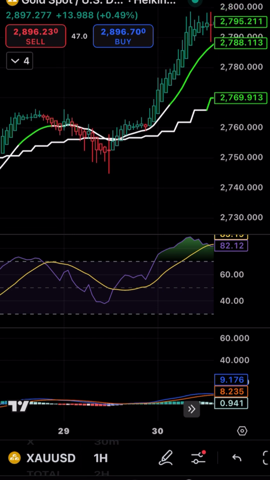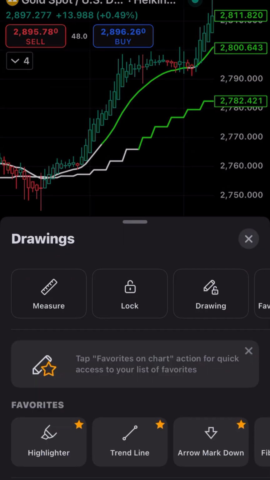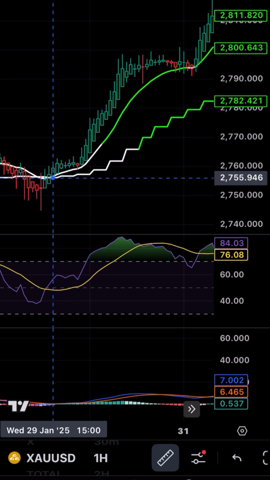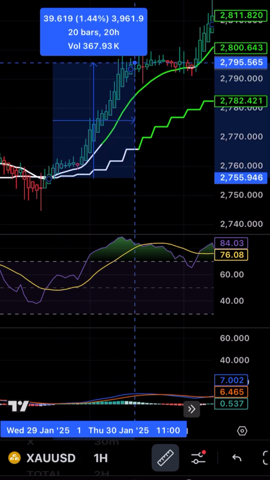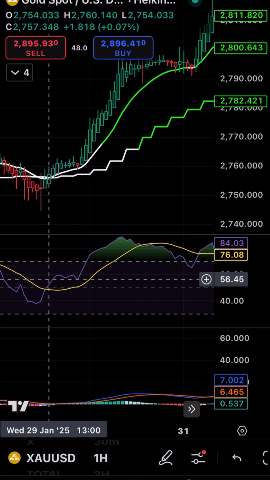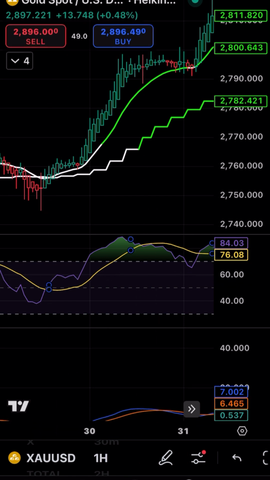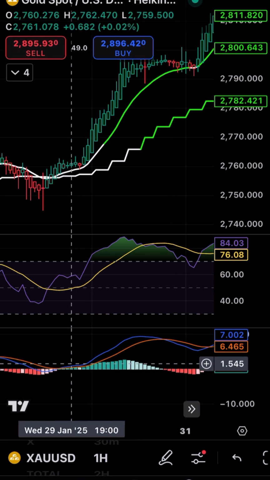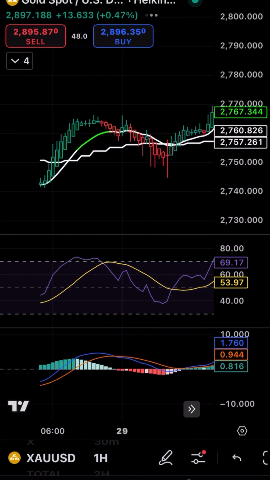And you've got another cross right here, and you could have ridden that one out, which would have led into some gains. You can also look at your RSI right here, which would confirm it too. And you can also look at your MACD, which would confirm it too.